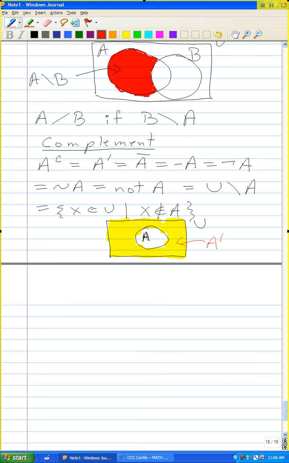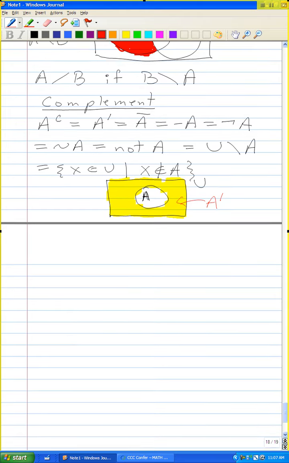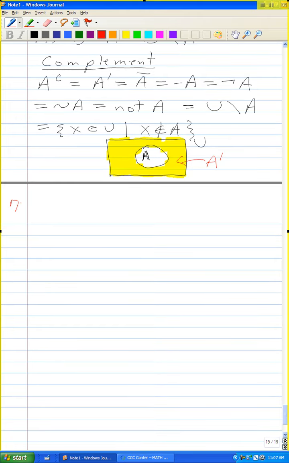Okay. So let me do some examples. Let's say problem number 77. The universe is the set 1, 2, 3, up to 10. And the set A is 1, 2, 3, 4.